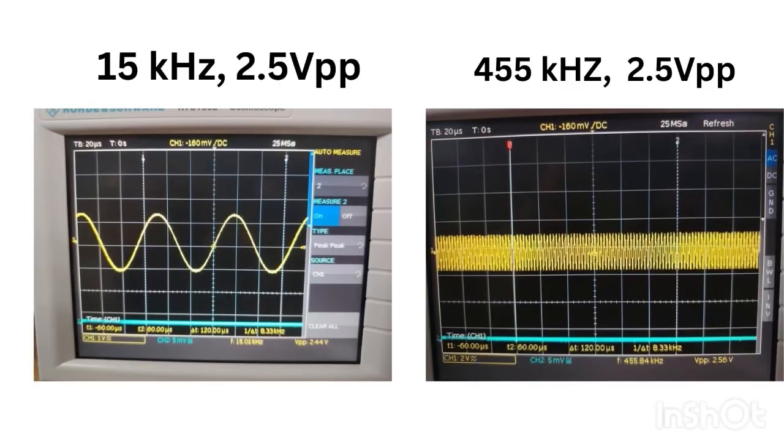The sine wave we measure for appropriate frequency and peak-to-peak voltage.